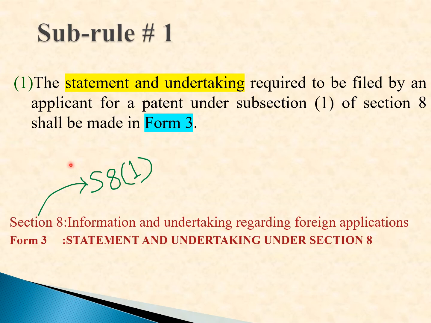So find out the correlation between sub-rule 1 of Rule 12 and subsection 1 of section 8. You can just remember section 8, Rule 12 and Form 3. This is the form via which the application is made. Fine.